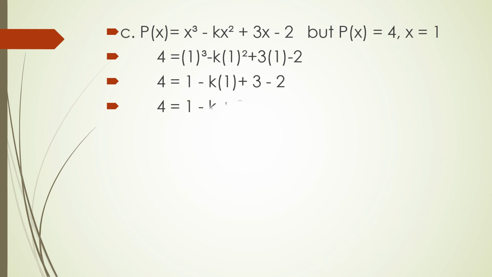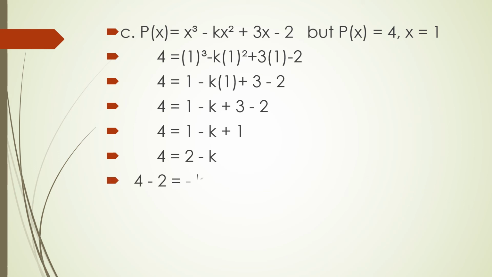Then 4 is equal to 1 minus k times 1 is k plus 3 minus 2. And then 4 is equal to 1 minus k plus 3 minus 2 here is 1. And then 4 is equal to, so we add 1 and 1. So that's 1 plus 1 is 2 minus k.